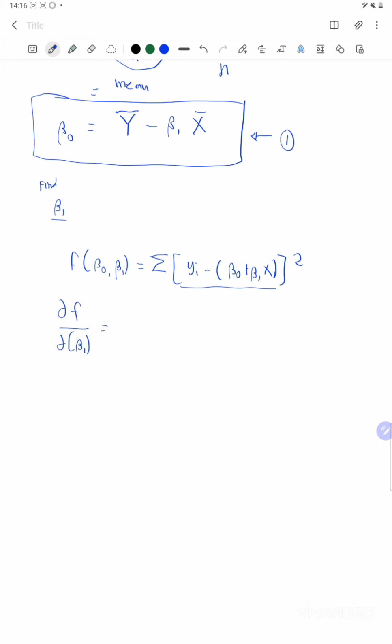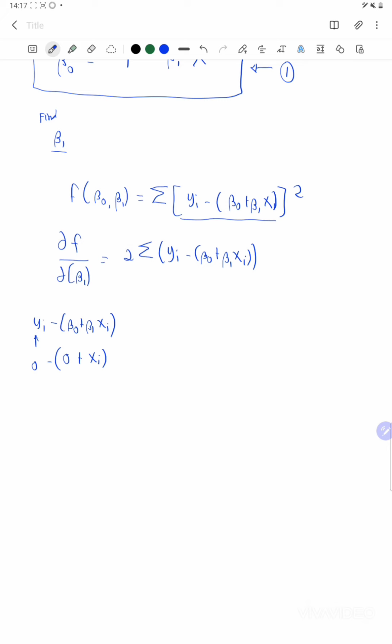So we will treat other variables as constant. As you can see, I do the same: the chain rule, the derivative of this internal function. The output is negative xi, because this one will be treated as constant.